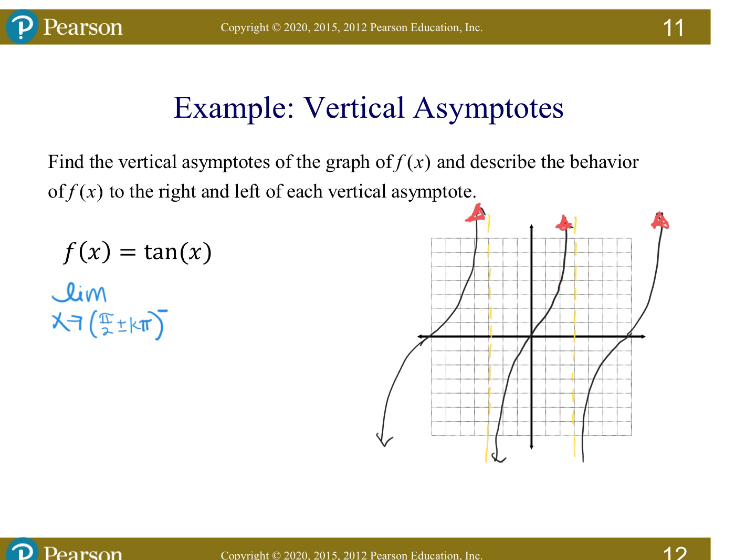And if I'm approaching from the left of tan x, that will always be positive infinity. And for all the asymptotes, pi halves plus or minus k pi, from the right of tangent of x, that will always be negative infinity. Those are always the ones on the right side of the asymptote that will be pointing down. So you can generalize it. What's a pattern you see about asymptotes?